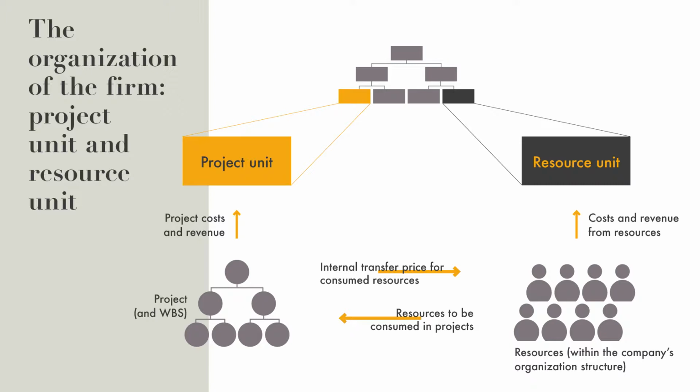And the project unit sells the projects and delivers to the customers, and project costs and revenue accumulate from those projects to the project unit's income statement, if you like. And the resource unit gets revenues and also pays costs for those resources, those valuable people that the resource unit has.